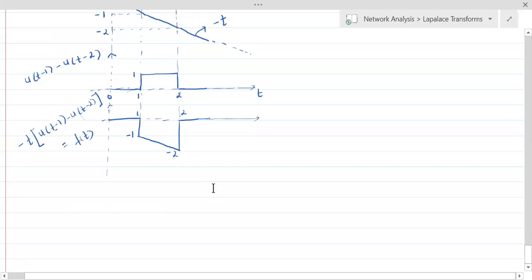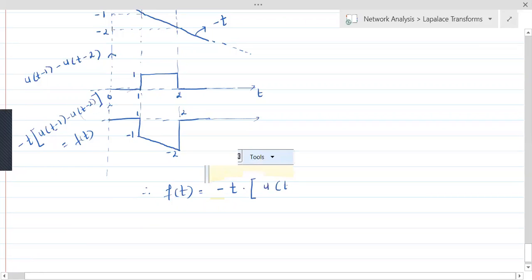Understand that? So therefore f of t can be given as minus t into u of t minus 1 minus u of t minus 2.